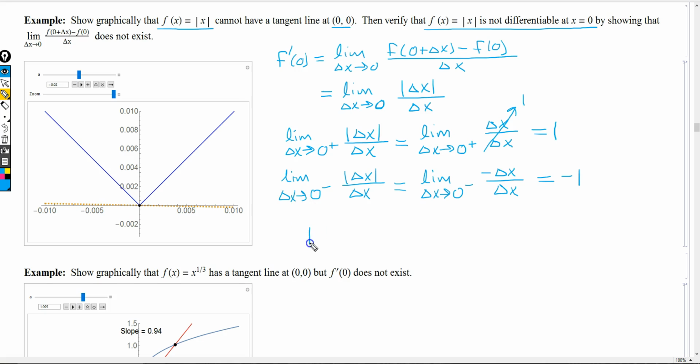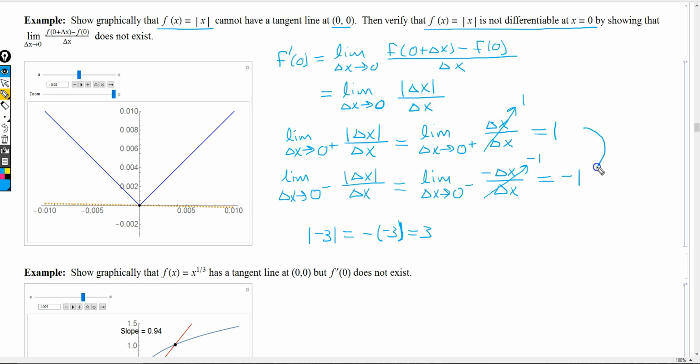Now remember, the absolute value of a negative number, like negative 3, is actually the negative of negative 3, which is positive 3, right? So if I want to get rid of the absolute values here, since delta x is a negative number, the absolute value is going to be negative of delta x, because negative of a negative will make a positive number. And so you see this quantity is actually negative 1 all of the time. And so the limit is going to be negative 1.